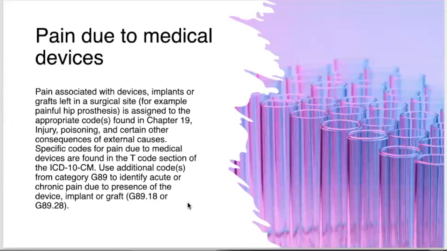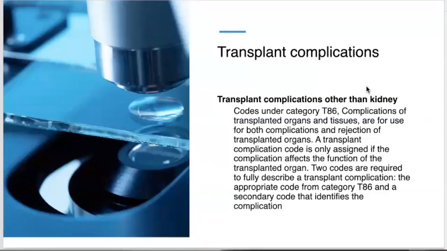And if I can remember it on top of my head, it is G8929. If a patient continues to experience chronic pain, okay, and that chronic pain is coming from the device, like a prosthesis, joint prosthesis, you are also to assign the G8928 or G8929. Okay.